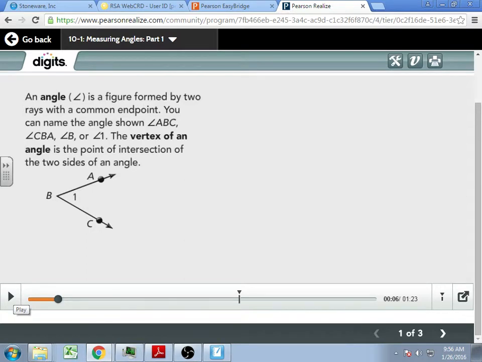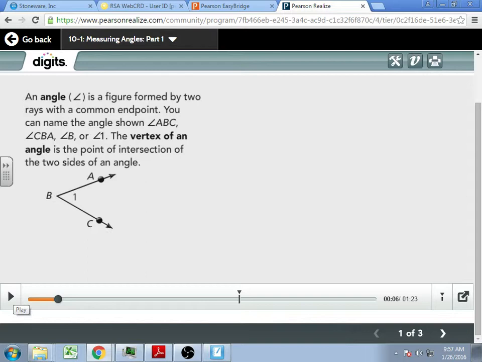A ray has a beginning point and a line that continues on forever, whereas a segment has a beginning and an end point. So we have rays here because they go on forever, but BA is a segment in that ray. Since there's a start and an end point, BA is a segment in that ray.